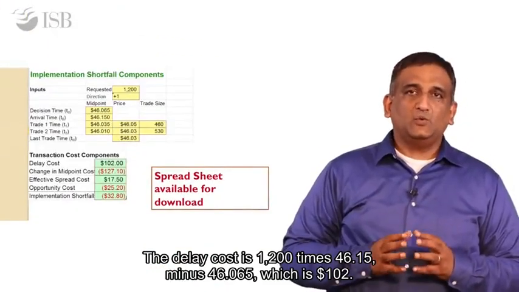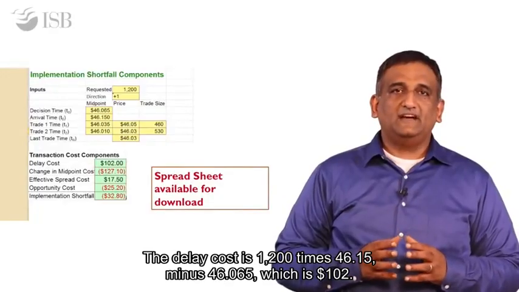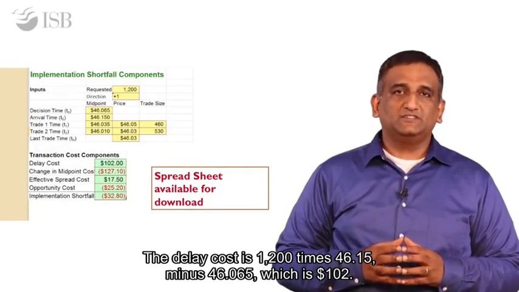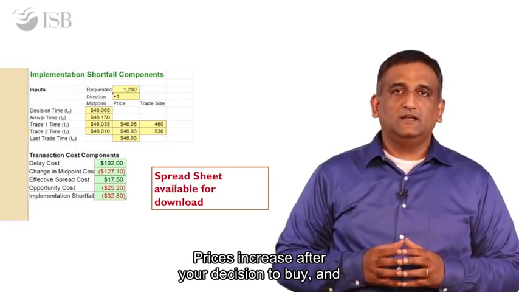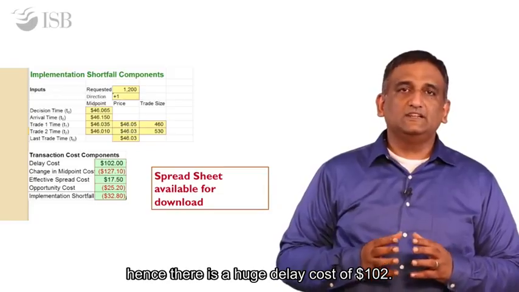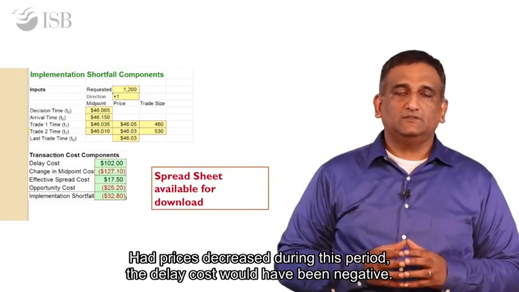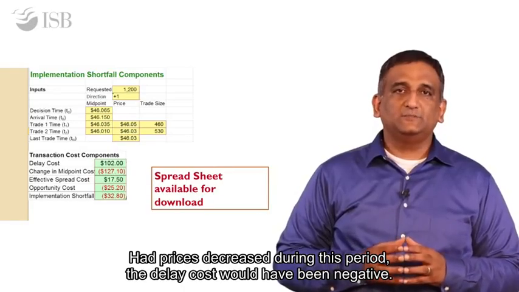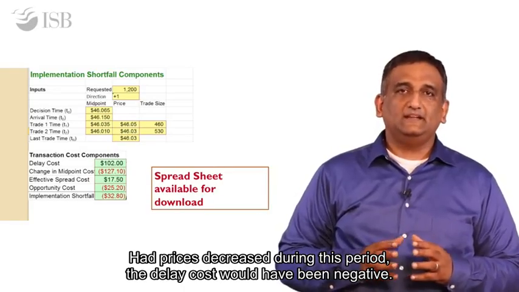The delay cost is 1200 times 46.15 minus 46.065, which is $102. Prices increase after your decision to buy, and hence there is a huge delay cost of $102. Had prices decreased during this period, the delay cost would have been negative.